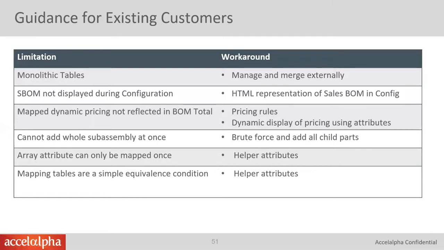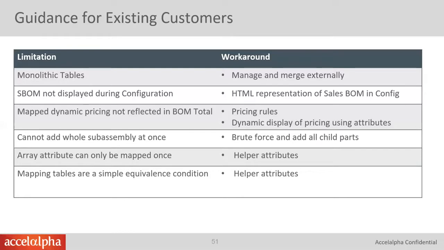Another little limitation is that array attributes can only be mapped once. I really discovered this when I was trying to add that cheese component, which itself has some subcomponents, all the ingredients of that cheese. I tried to use that topping attribute for all those subcomponents, and I couldn't.